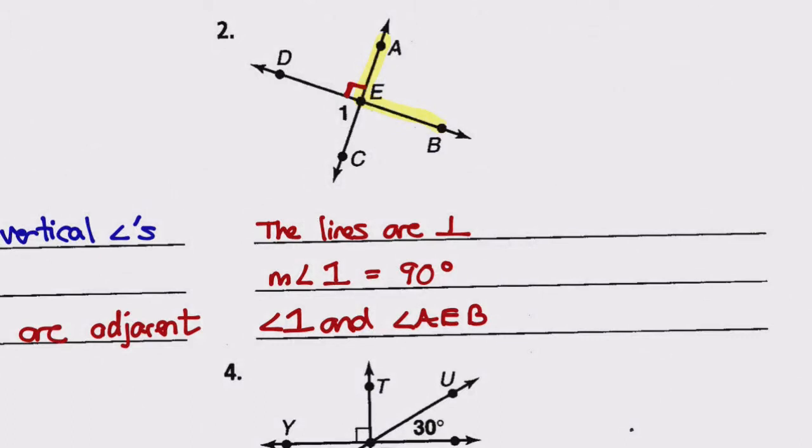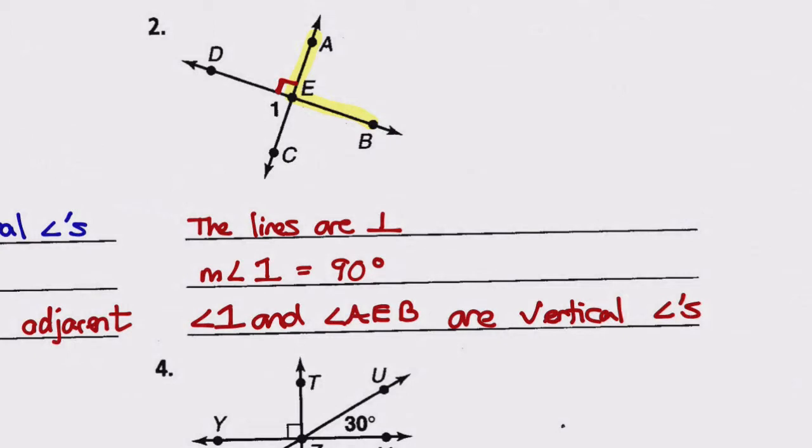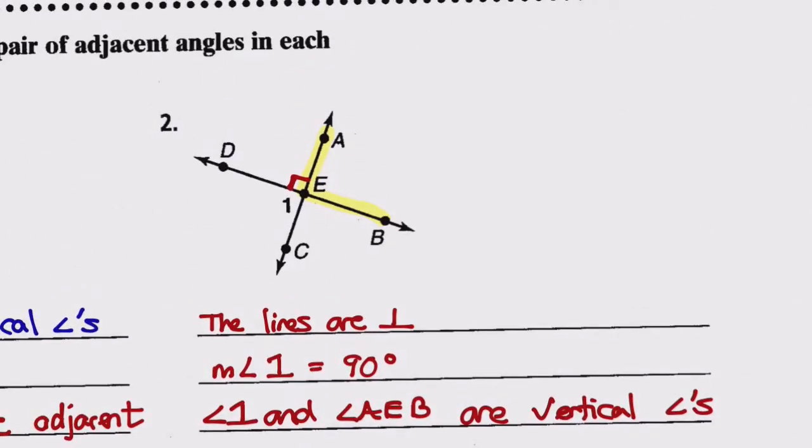This one are vertical angles. And then off to the side, we're going to come up with a set of adjacent angles because I ran out of space. What about a set of adjacent angles here? Colby? And CEB. Yep.